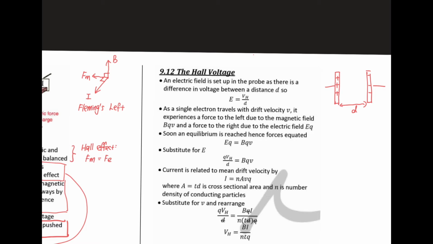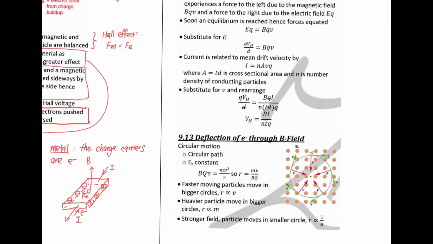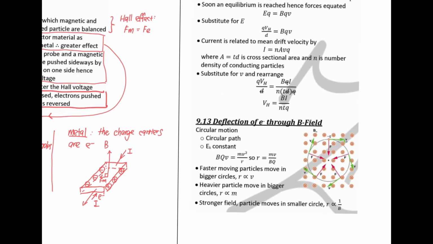Second point. As a single electron travels with drift velocity v, it experiences a force to the left. Okay, we have to change this as we have discussed.